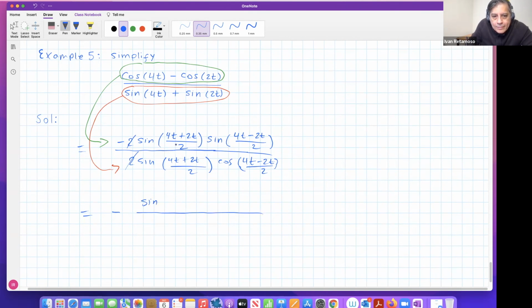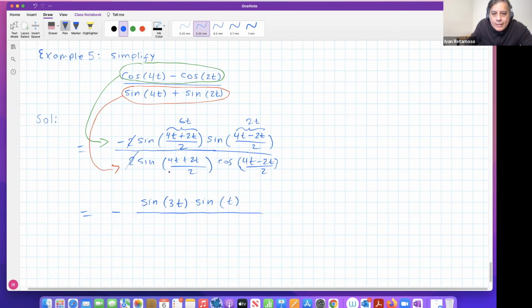Sine of 4t plus 2t is 6t, right? 2 into 6t, 3t. Here, sine of 4t minus 2t is 2t. 2 into 2t, just t, right?